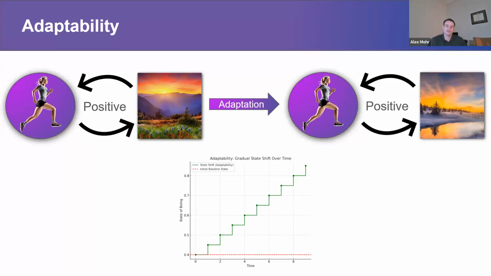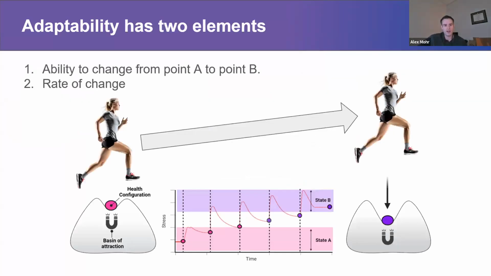Adaptability helps us ensure that as the environment changes, whether it's related to exercise, as we're using our example, or it could be climate, social conditions, or even internal biological shifts, the individual can modify their approach to survive and thrive.